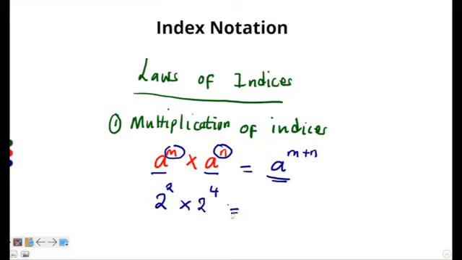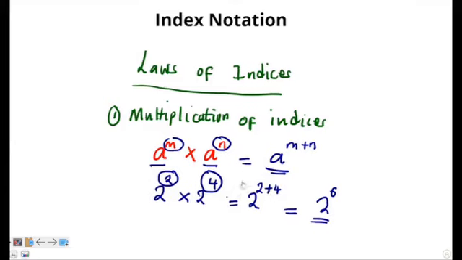Since we are multiplying indices that have the same bases, we write the same base, which is 2. Then we add the powers, this power 2 plus this power 4. So we have 2 plus 4, and 2 plus 4 is 6. We have simplified, so our answer is 2 to the power 6.